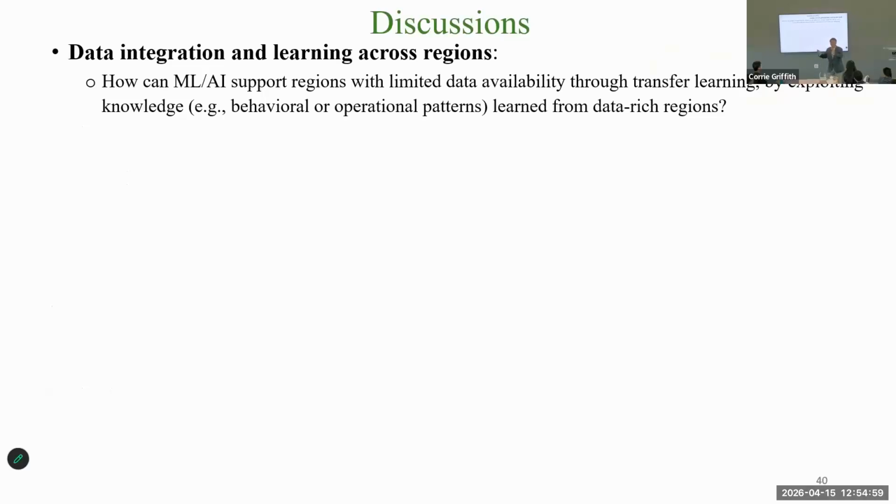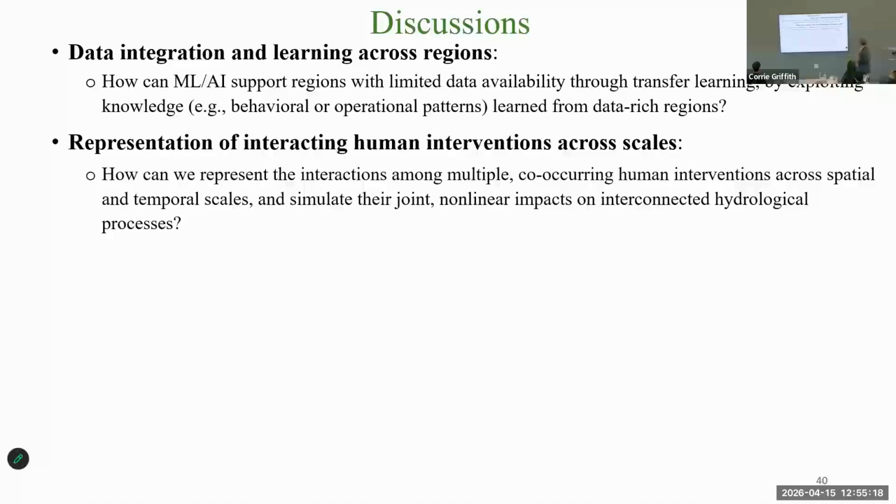In some regions we have relatively good data availability, in other regions maybe not that good. So how could AI, like transfer learning, help us get some insights about data patterns, so we could still do something for data-limited areas? That's the issue.